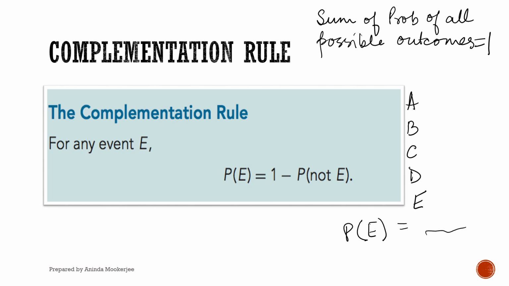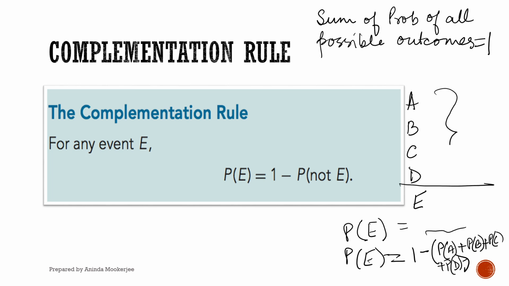The other way is probability of E will be equal to 1 minus probability of A plus probability of B plus probability of C plus probability of D, and that's it. So 1 minus all the other probabilities will give us probability of E.